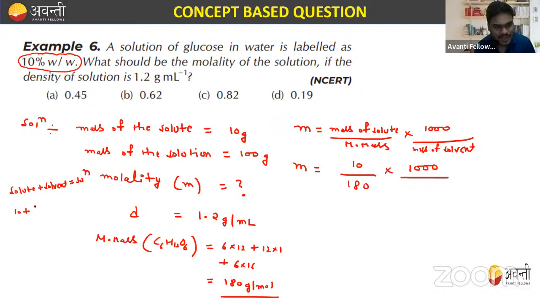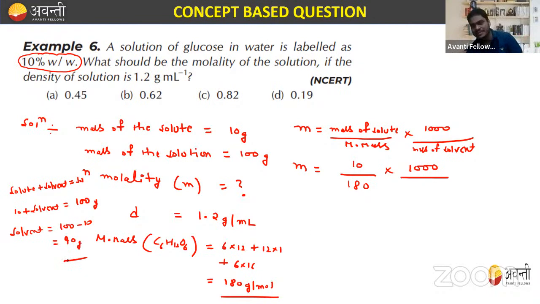You have to calculate mass of solvent, right? And what is mass of solution here, beta? 100 gram, because this is weight percentage, 10% means total mass of the solution is 100 gram. So what is the mass of solvent, beta? It comes out to be 100 minus 10, that is 90 gram. Now it is clear to you, that is 90 gram.